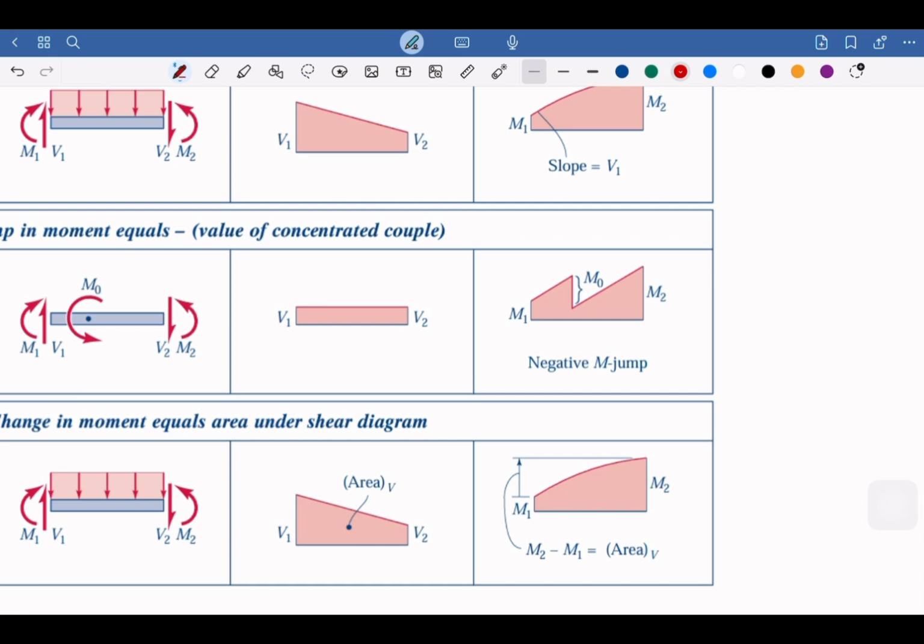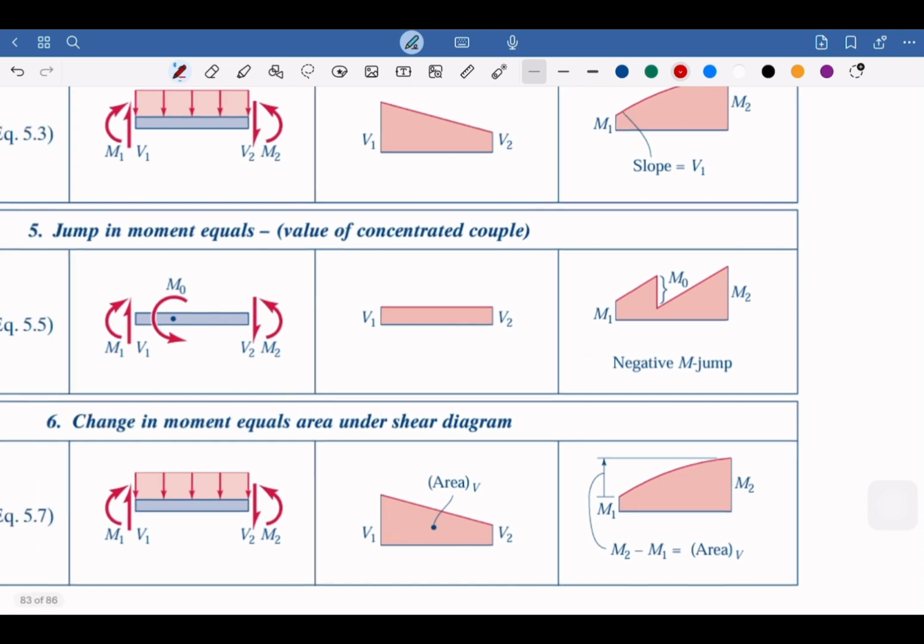We could start from here, taking this moment, and since there is nothing, we have a linear variation, then going down because it's negative, and then going up again because of another moment M2. If we take this derivative, we get a constant shear force.